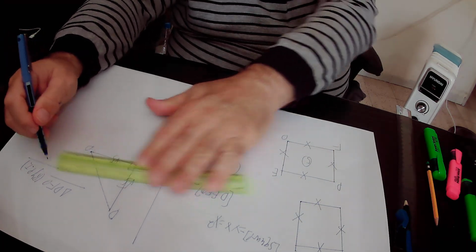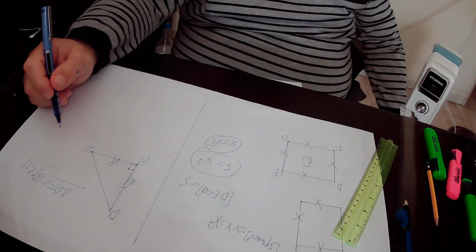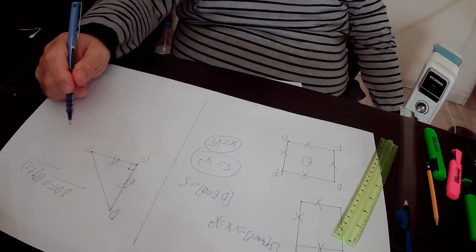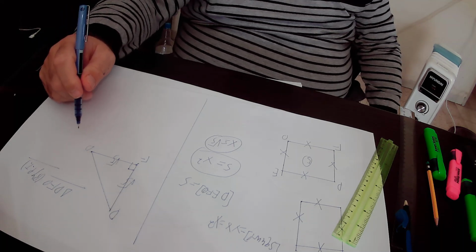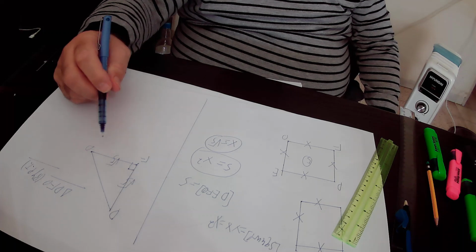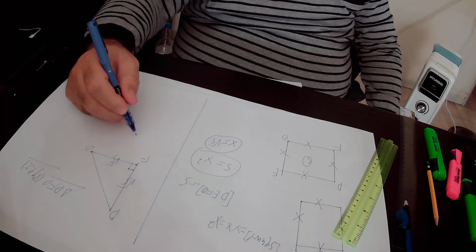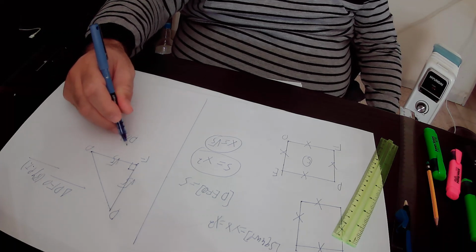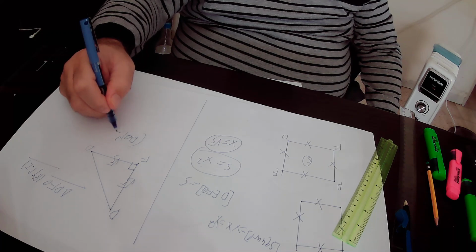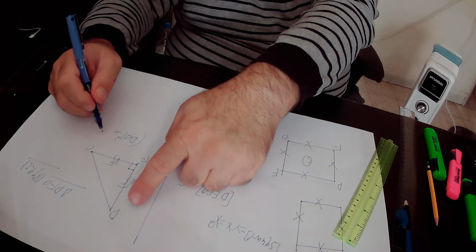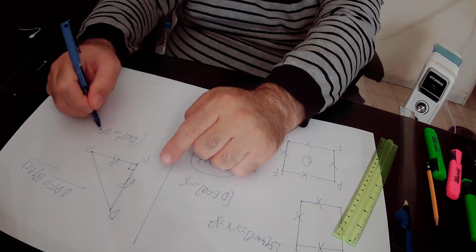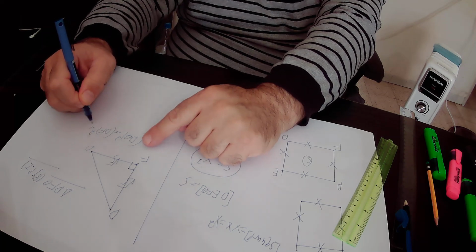According to the Pythagoras theorem, in any right triangle, the square of the hypotenuse equals the sum of the squares of the perpendiculars. In this right triangle, DO is the hypotenuse, therefore DO squared must be equal to DF squared plus FO squared.